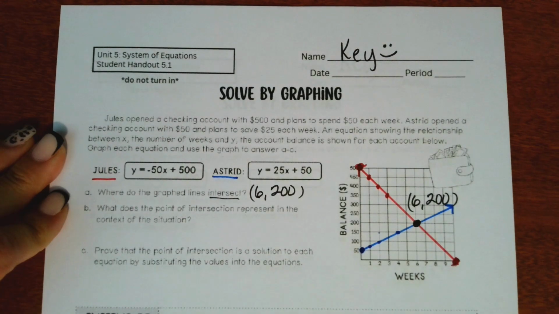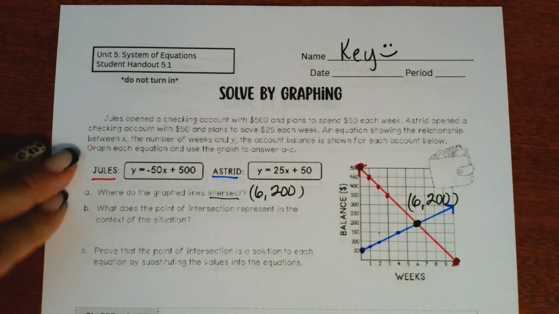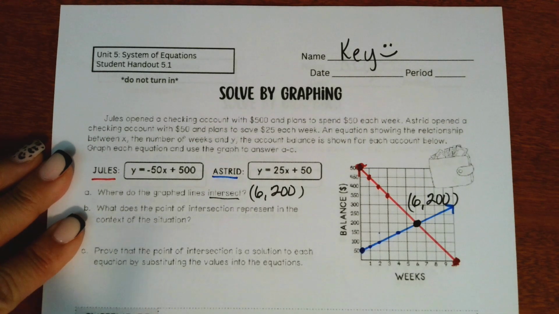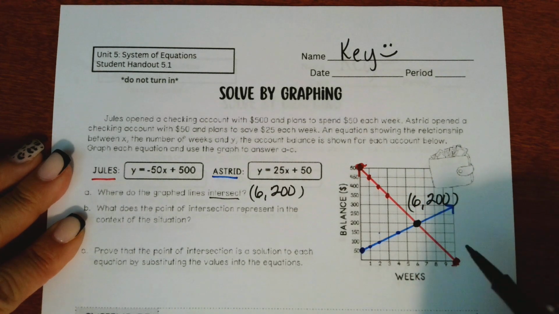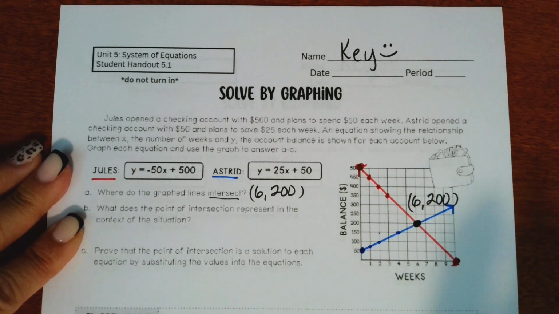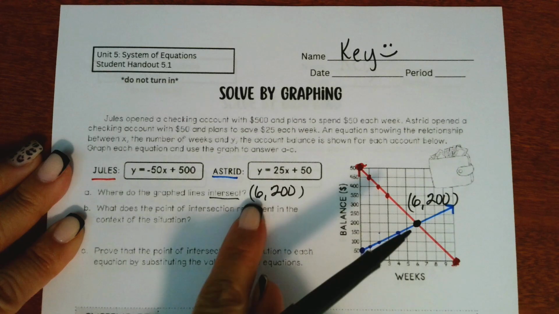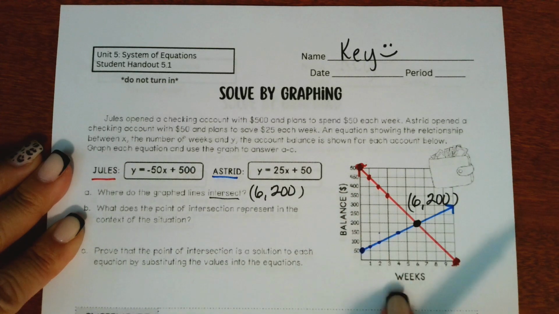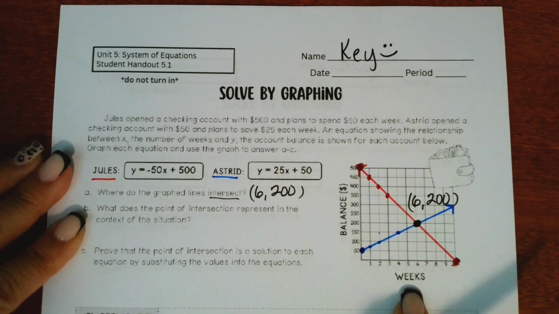Okay, all right, so now they're asking us, what does that point of the intersection represent in context to the situation? So they're saying, okay, these people have some money, they're saving and spending. What does the 6 actually represent? And what does the 200 represent? So the 6 is the X value. So that is going to be weeks.